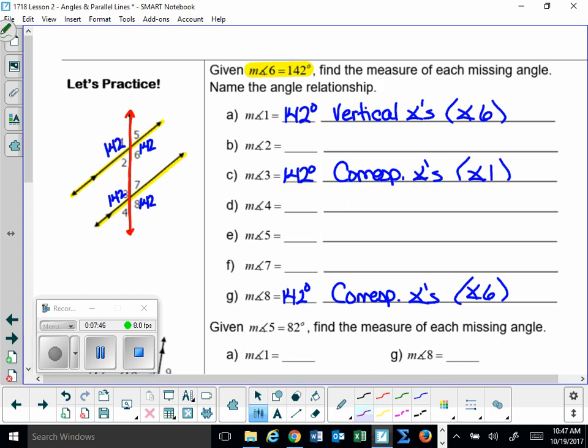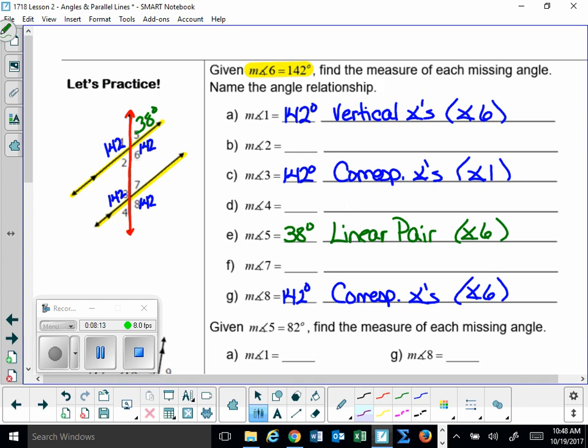Okay, I need the other 4. Well, let's see. 5 and 6 make a linear pair. So 180 degrees minus 142 is 38 degrees. Linear pair with angle 6.